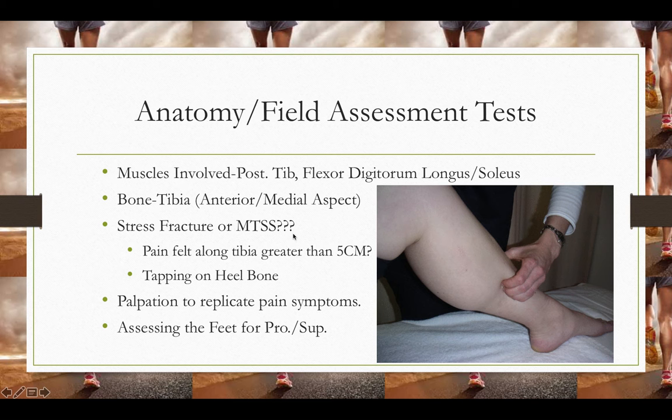However, if the pain is less than 5 centimeters and is more localized, chances are it could be a stress fracture, but the only way to rule that out is through an x-ray.